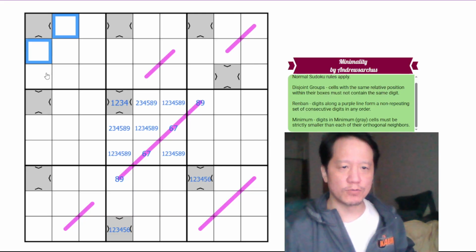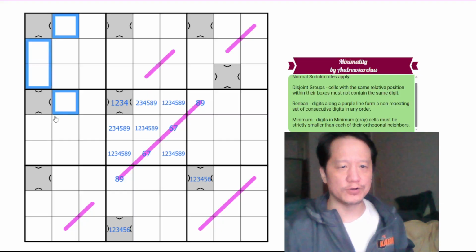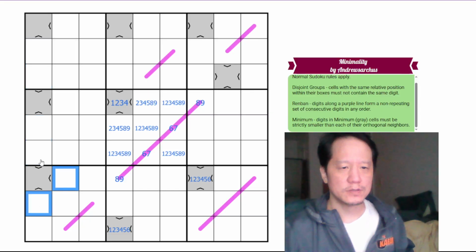Let's just do around the minimums, let's sort of mark where you cannot have ones. Maybe that'll be helpful.